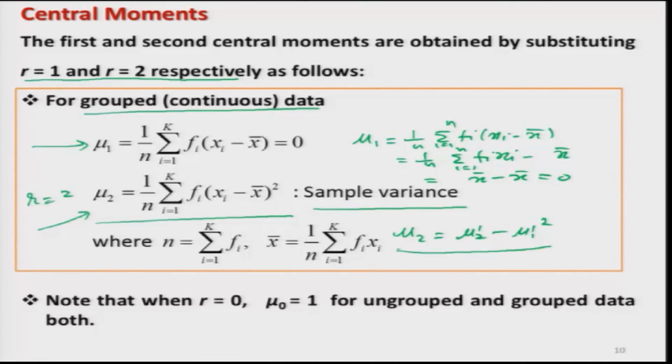Notice that this relationship is not going to change in the case of grouped and ungrouped data. Now, if I choose r equal to 0, then I will always get mu 0 equal to 1, either for ungrouped data or a grouped data set.